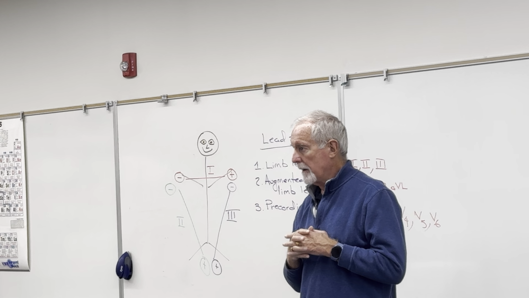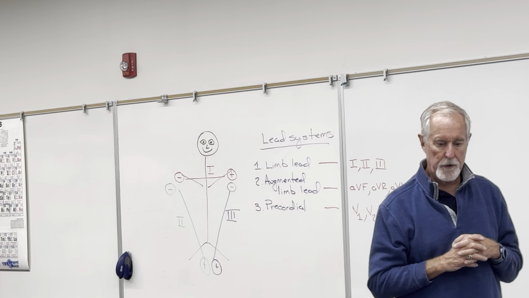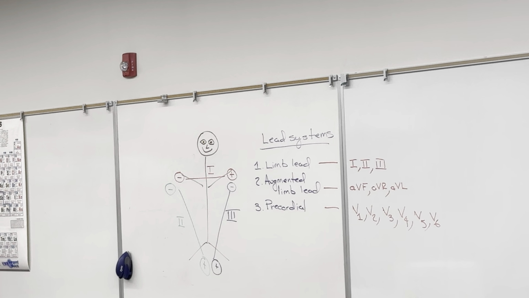Can everybody see that? If you take a look, for instance, at lead 1, and you compare that with, let's just use V1. So if you look at limb lead 1 versus precordial V1, does everybody see it? There's a big difference. It's the exact same electrical activity, and yet it looks different.